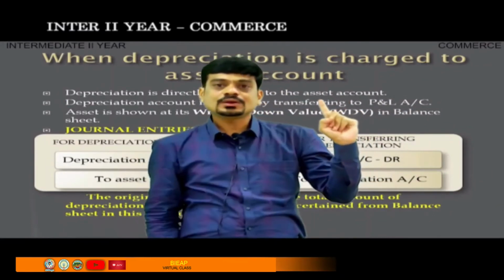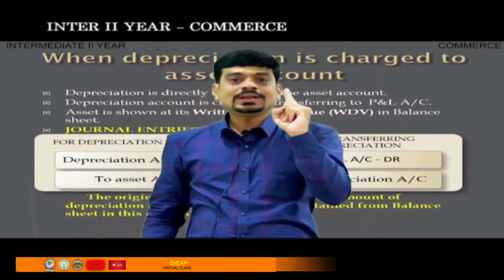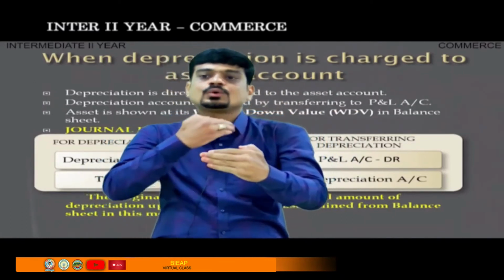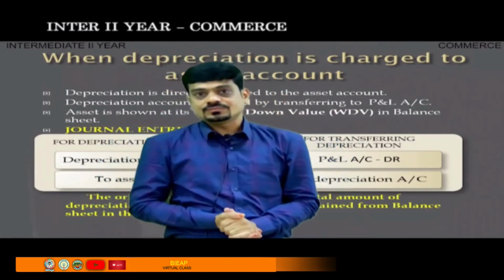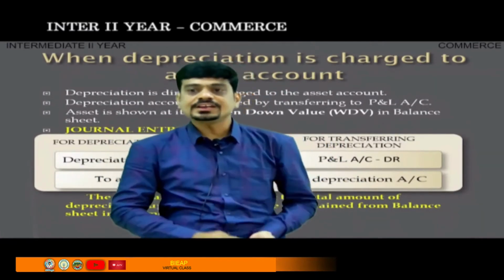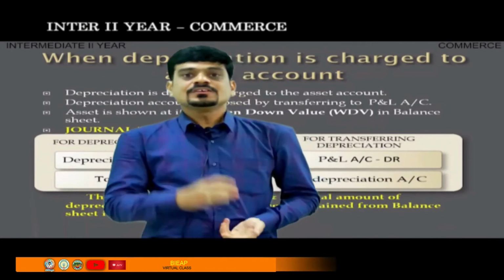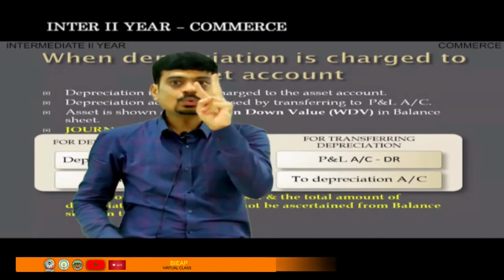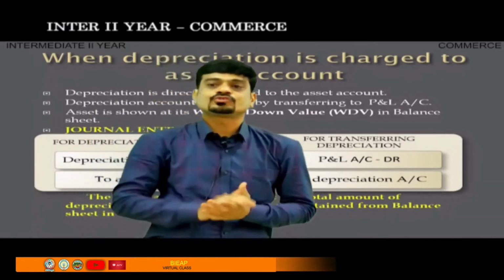So here we are going to prepare only one account, called the asset account, and in that we are going to charge depreciation. What will be the journal entry for charging depreciation? First we have to charge and then we have to transfer. So there are two journal entries which you are supposed to know.